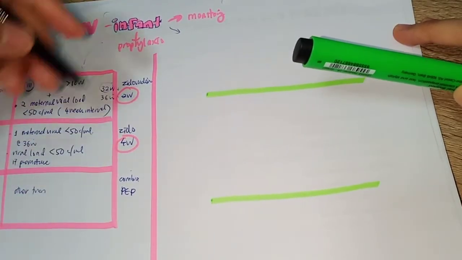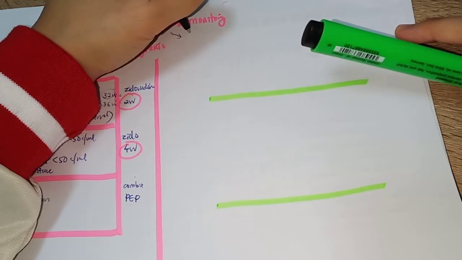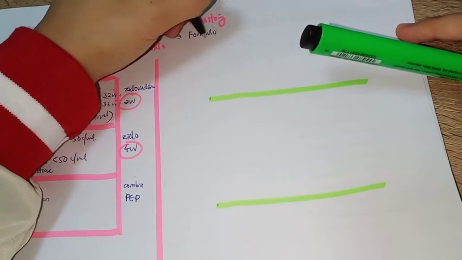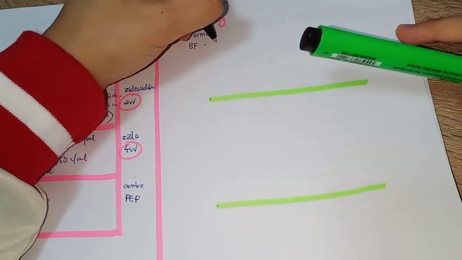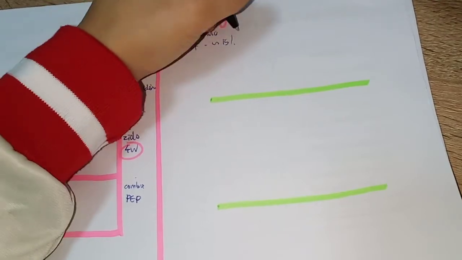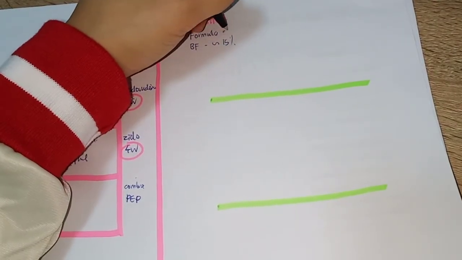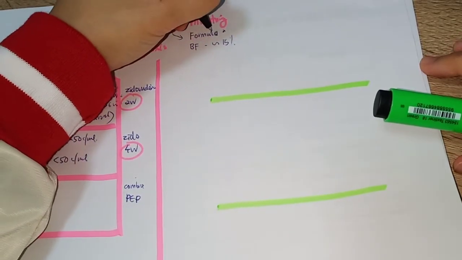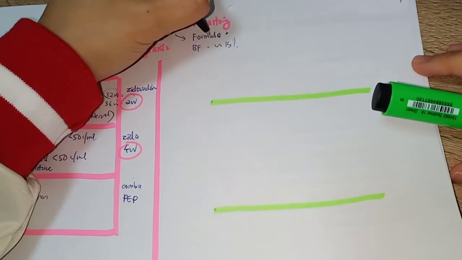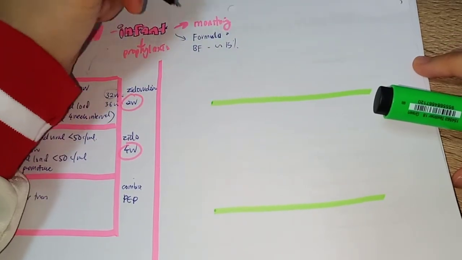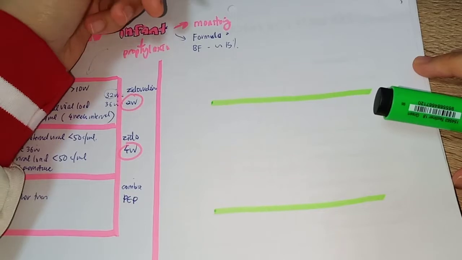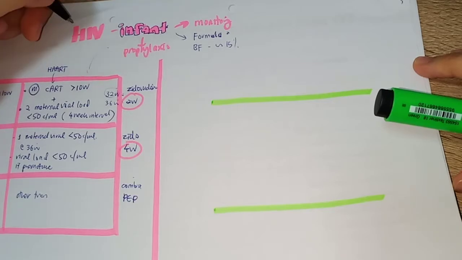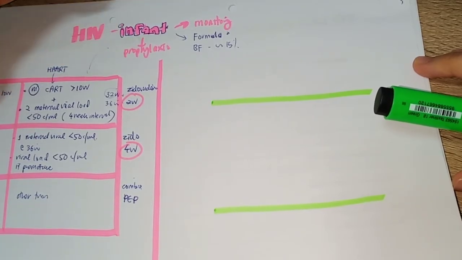After delivery, the monitoring will depend on whether the infant is on formula or breastfeeding, because breastfeeding contributes to 15% of transmission, while formula of course has a lesser risk, given that the mother doesn't have any cART or something that can actually transmit. The risk of HIV in saliva or tears is very low, and we can neglect the way of infection through saliva and also tears.